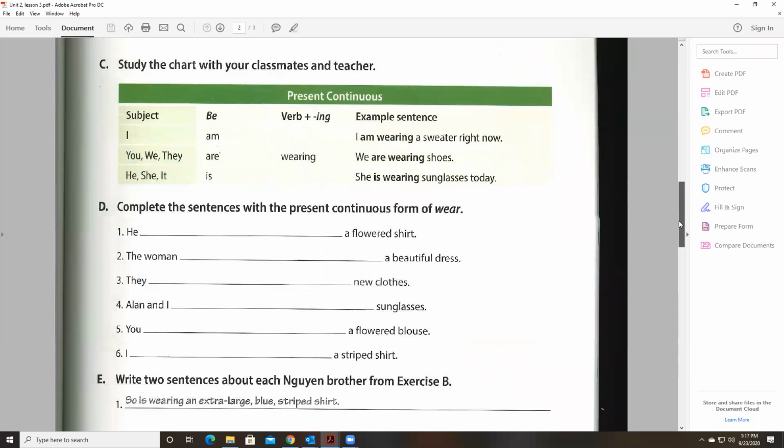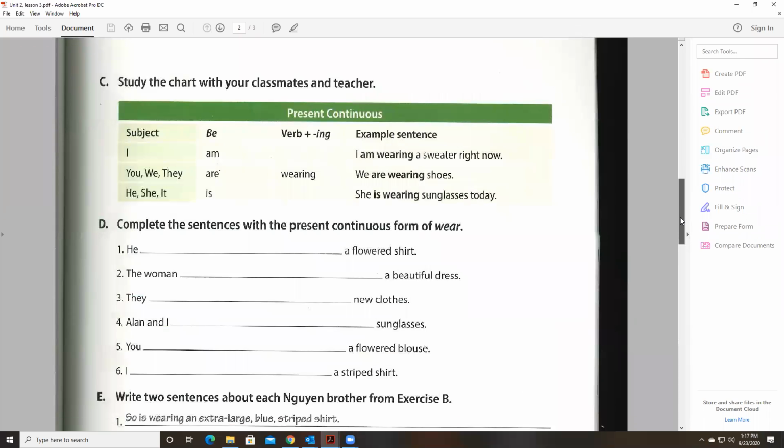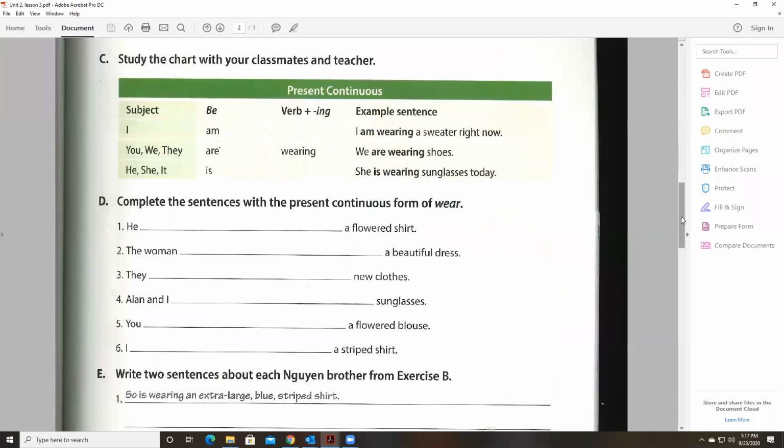Okay. So C, study the chart with your classmates and your teacher. Remember a couple weeks back we did the activity on present continuous, right? So present continuous is when a verb is happening right now.